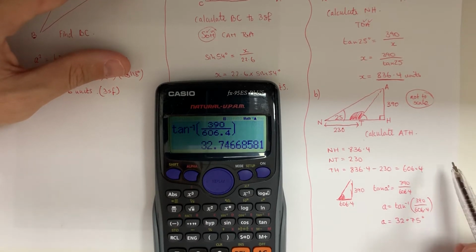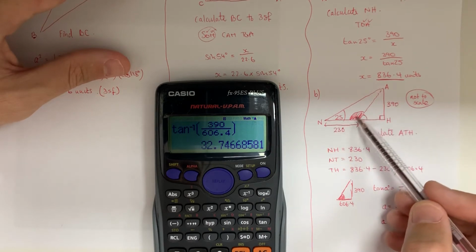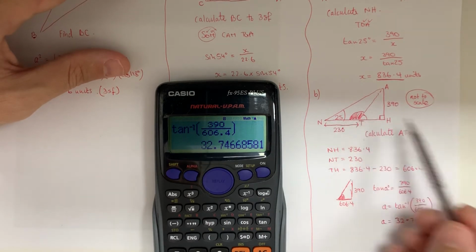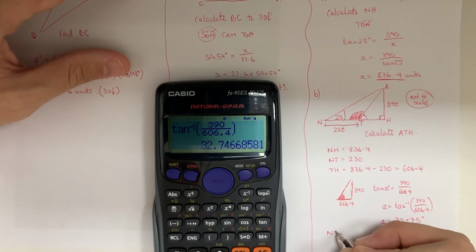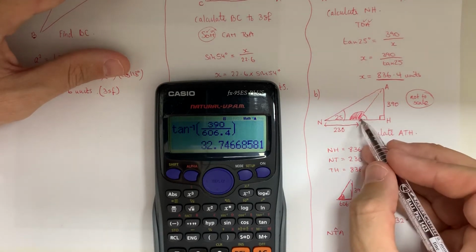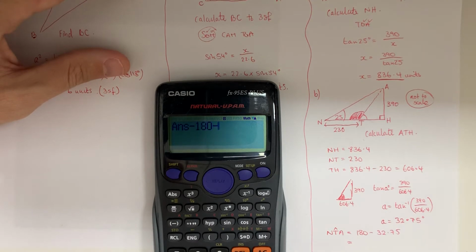Now that's not me answered the question, because it asked me to find this angle here. Now this is an angle on a straight line, so to find my actual answer, which we can write mathematically NTA, where the angle is at T, NTA, is equal to 180 minus 32.75. So minus 180 for that, and ignore the negative.